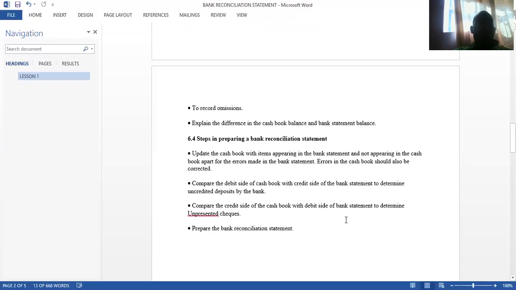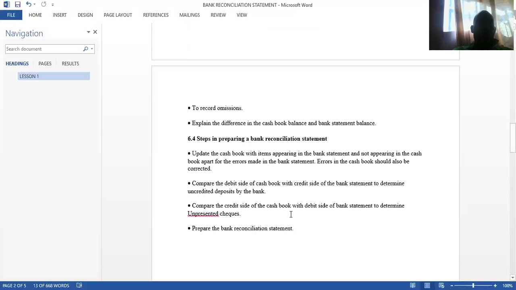Then after getting the uncredited and the unpresented checks, you can go ahead and prepare the bank reconciliation statement. Note here, items that are in the bank statement but missing in the cash book are used to update the cash book. Then items that are on the debit side of the cash book but not on the credit side of the bank statement are known as uncredited checks.